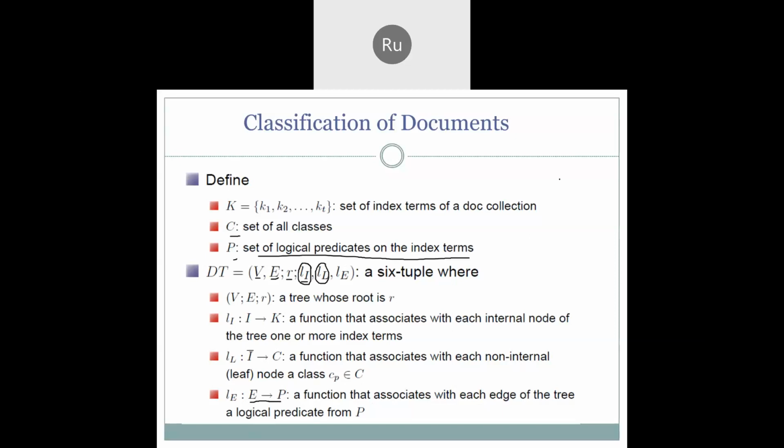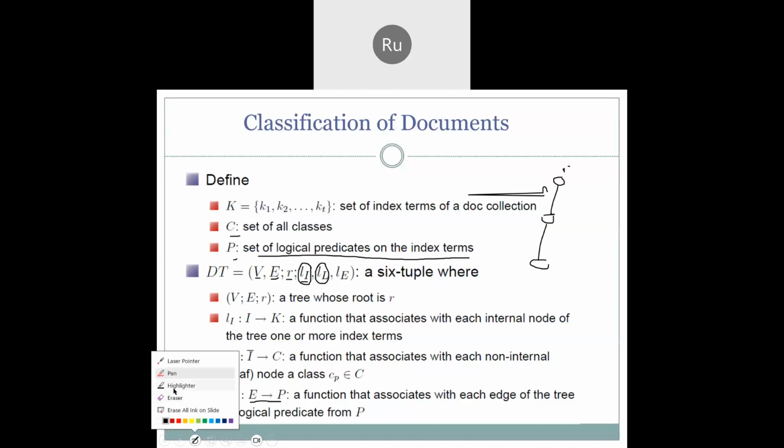So for example, if we have this is your root, and for us to go from the root, so basically for us to go from this root down to here, this is your label.